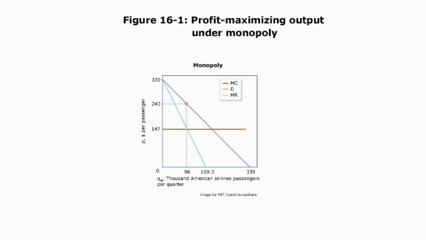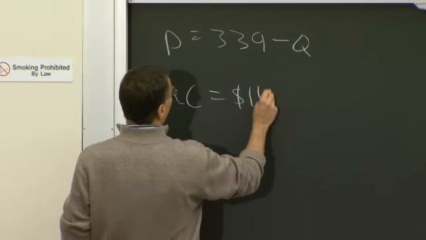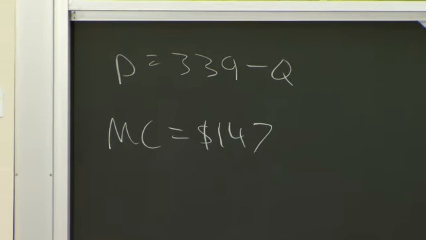That is, 339,000 people want to go from New York to Chicago every month. Let's also assume the marginal cost is $147. I don't know where Perloff came up with these numbers, but let's just go with them. The specific numbers don't matter.